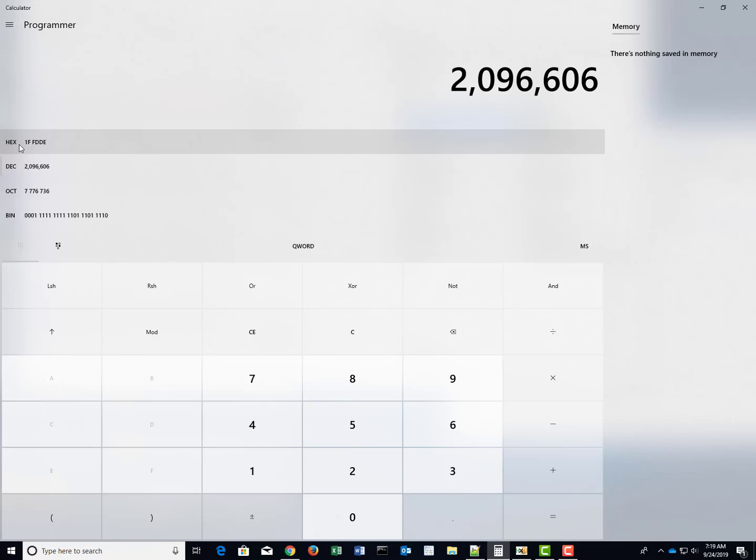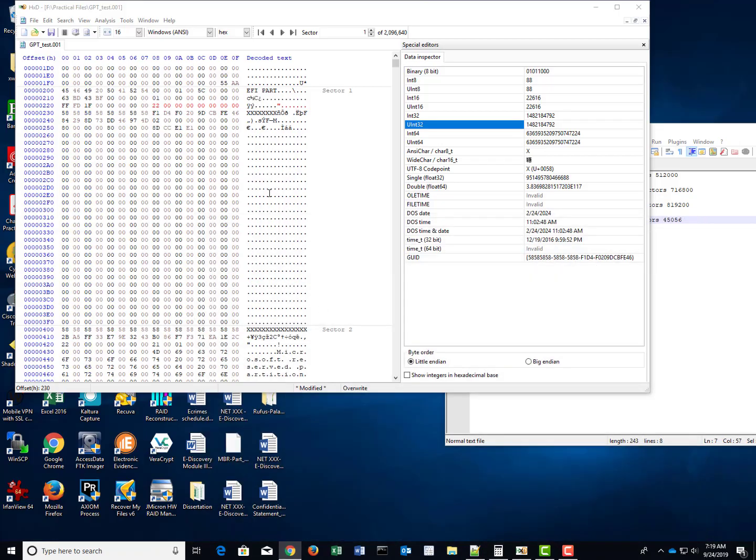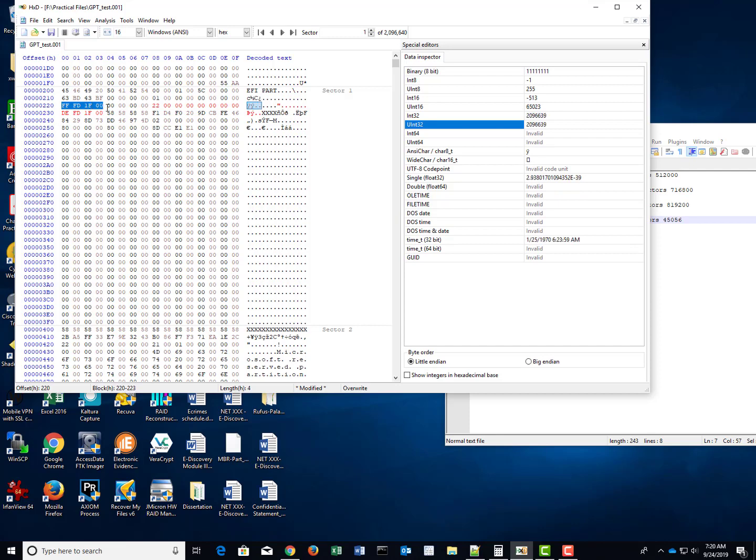I'm just making note of this, and we'll come back into HxD and write DE FD 1F00. You see it's similar to this value here. This is the location of the backup.